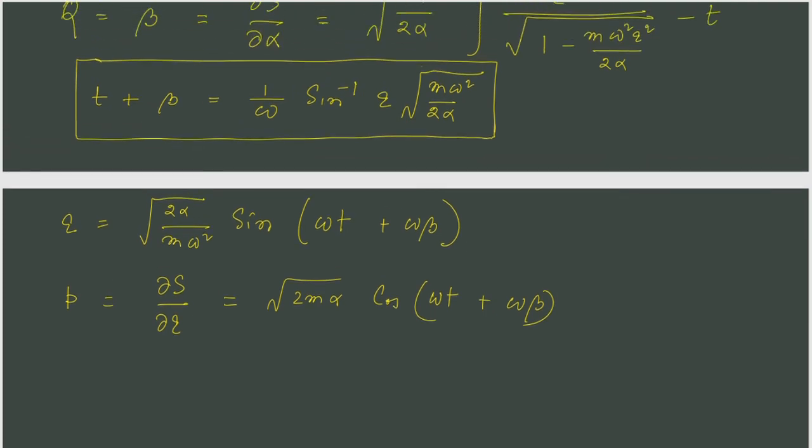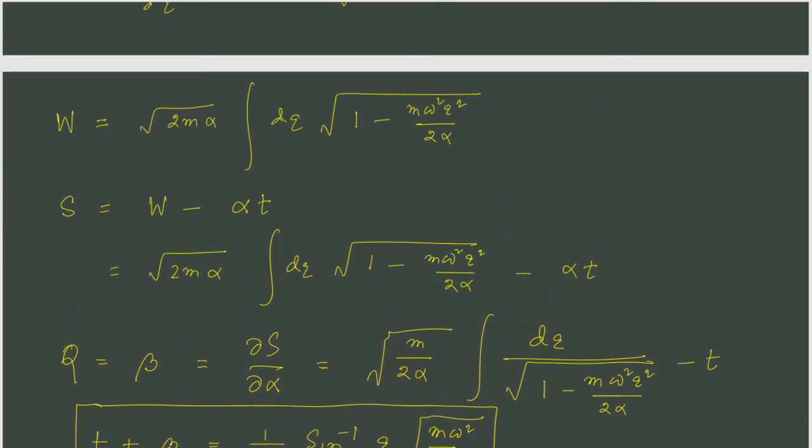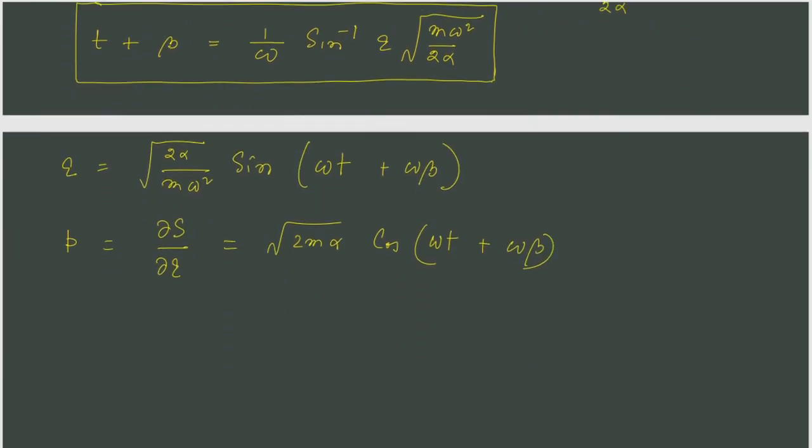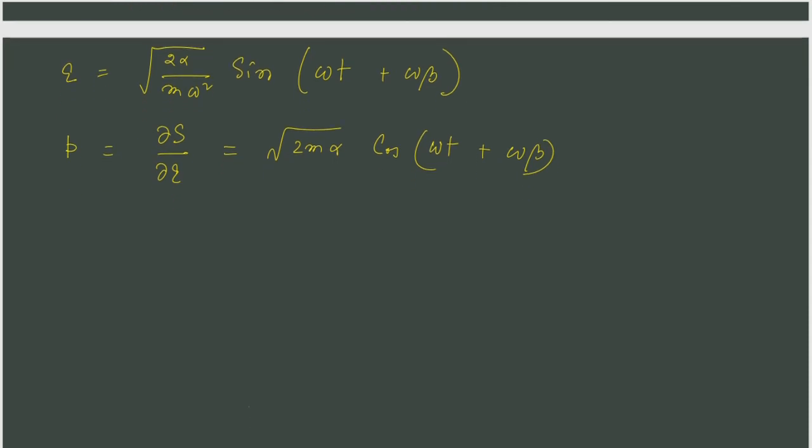Now, did we calculate actually del s del q? So what we did is, here is s as a function of q's. Of course, you do not directly do this. You integrate it first and then you take the partial derivative. Okay. So this is how you arrive at the p's.